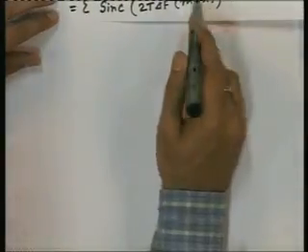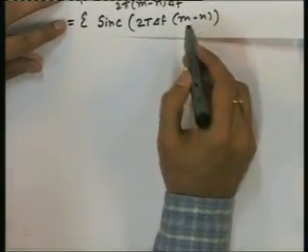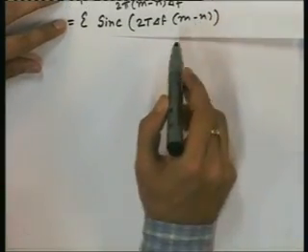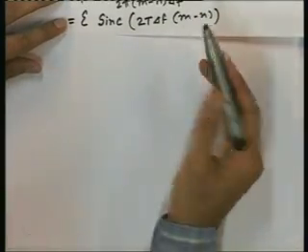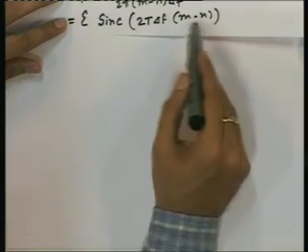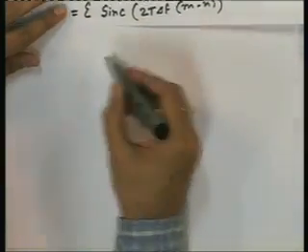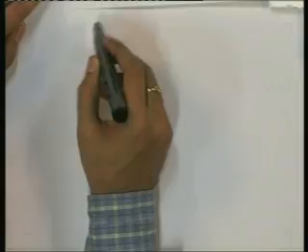So let us take m minus n equal to 1 first. The difference is 1. 1 or minus 1 will be the same. So for that, it is basically the correlation.